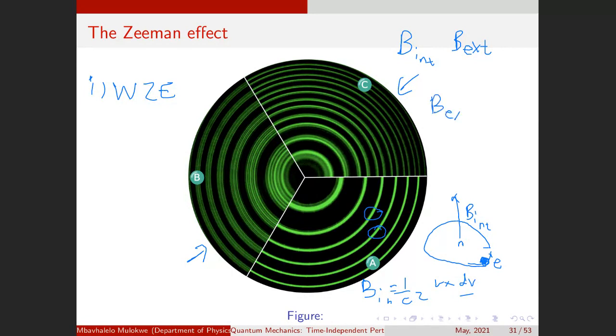let's say that B external, which is the weak case, which is the one that I'm looking at, is very, very tiny in comparison to this one, then the Zeeman term, which will be minus mu dot B external, we still have to figure out what this mu will be. If this is weak in comparison to all the other terms, then this will be your perturbation.